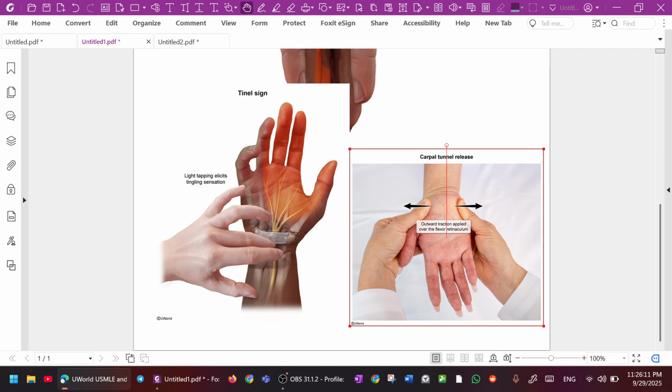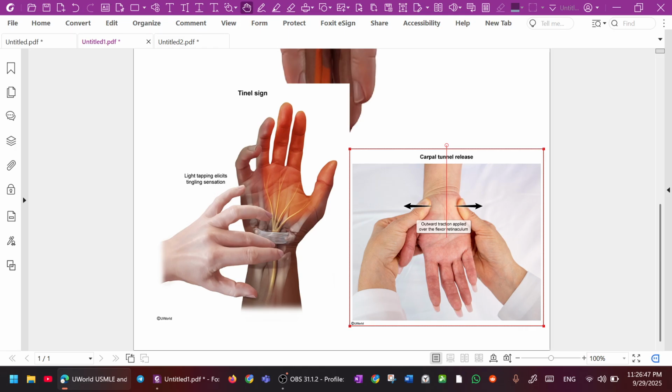So PTS causes pain and paresthesia in the first three digits, and sensory symptoms are also expected over the thenar eminence due to proximal median nerve compression, which, unlike in CTS, includes the palmar cutaneous branch.